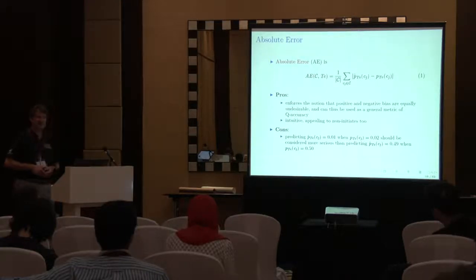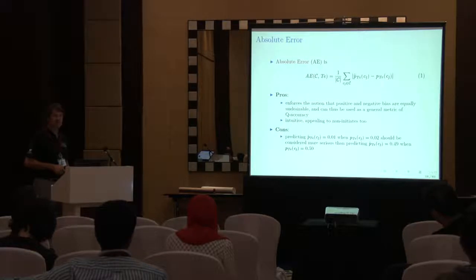But one downside of this measure is that it doesn't cater for the fact that when the true percentage is small, then the error is more serious. Look at this case: suppose that the true percentage that we should estimate is 0.02, and our estimator estimates 0.01.